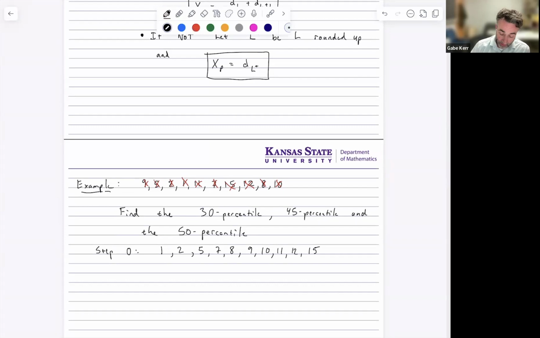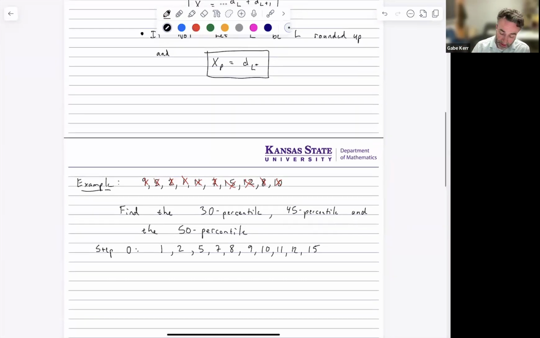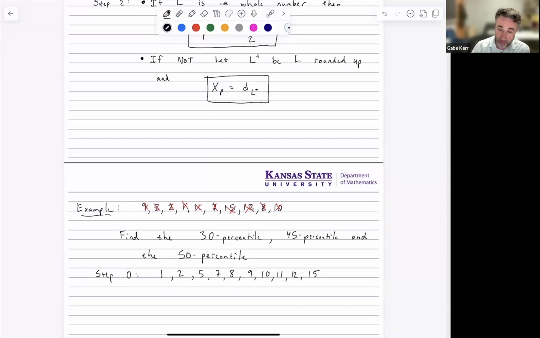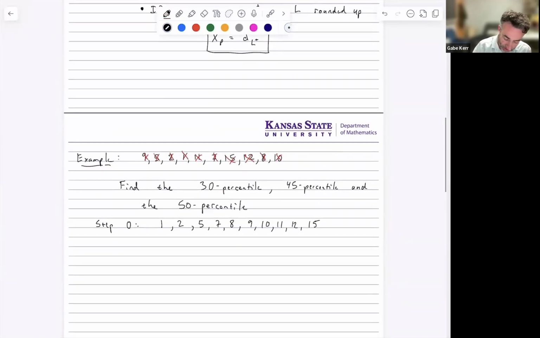Next, I need to find my locator, but the locator now depends on which problem I'm solving, 30, 45, or 50th percentile. So let's do the 30th percentile first. And we'll perform step 1. So we need to find L here, and L is going to equal 30 over 100 times n.